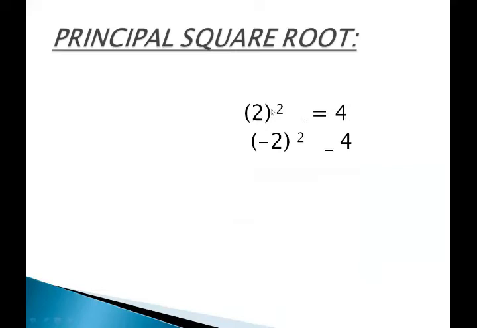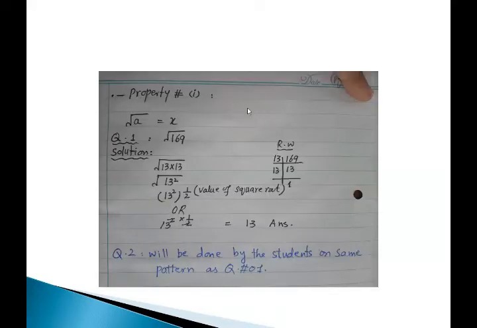So the square root of 4 would be 2, and the square of 2 is 4. Whenever we multiply 2 by itself, we get 4, but when we take half of the power of 4, we get 2. So whenever we have a square root over here, we take the half value of that.